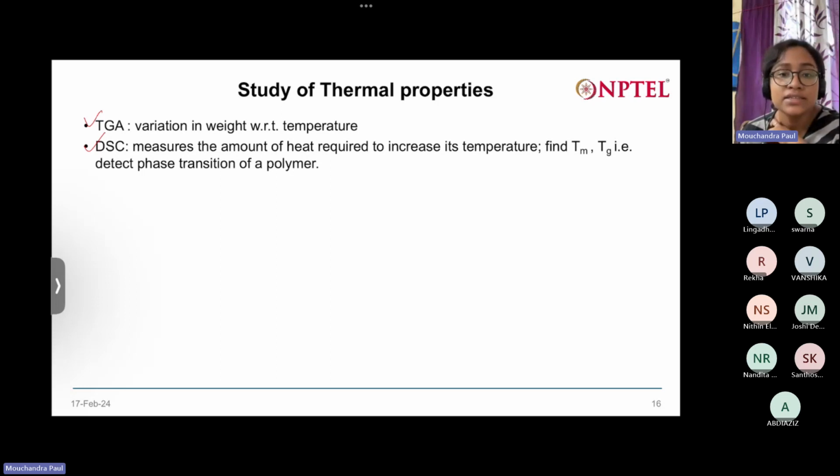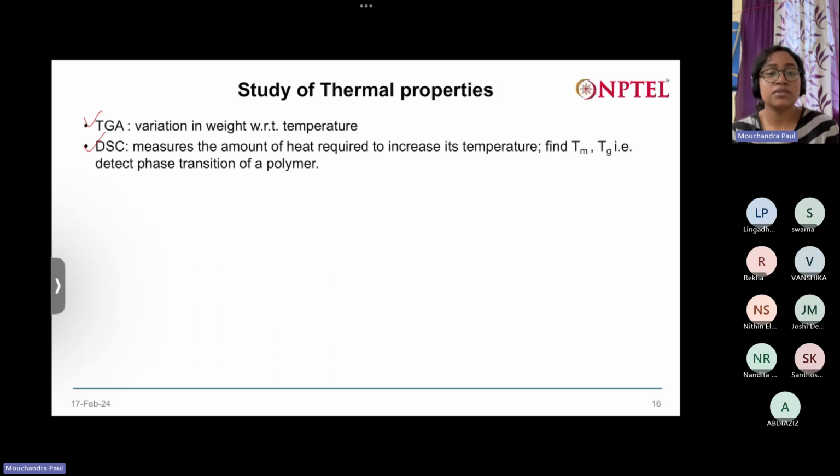Now, why is this important for us to know? There are various kinds of materials which are susceptible to high temperatures, or they have a tendency to lose weight even close to room temperature, or just greater than room temperature.